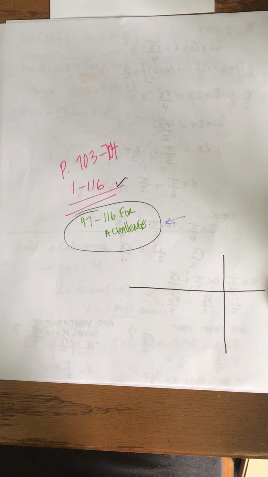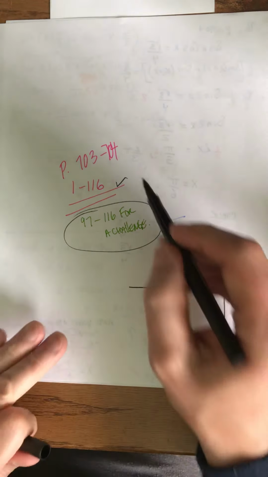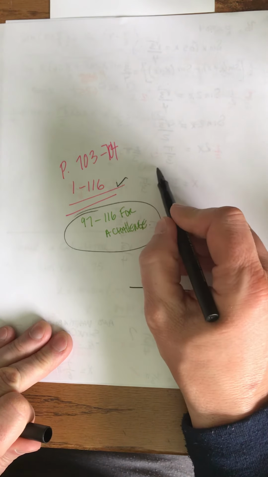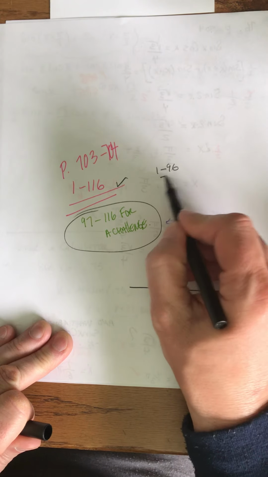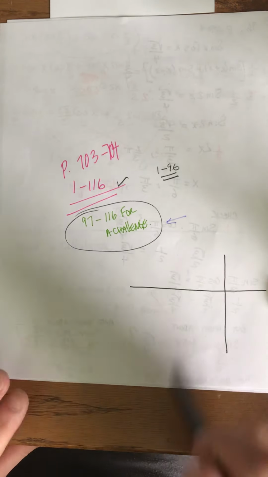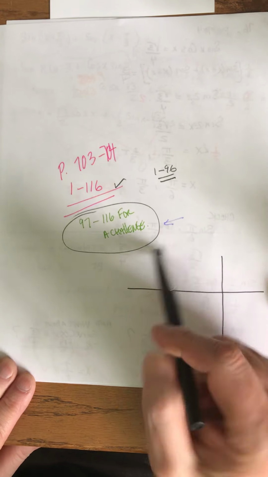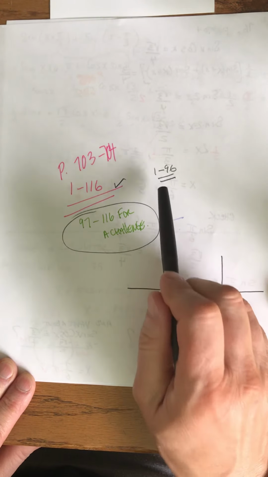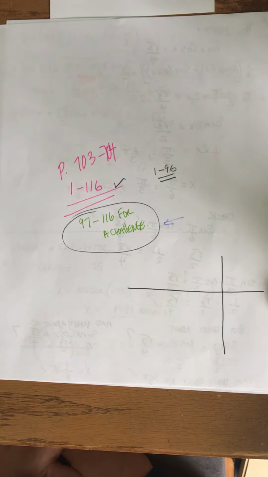But the other ones, up to 96, they do have a couple calculator ones in there, but from 1 to 96, we should be able to do every one of these problems. We need to become experts at solving trig equations. And that's what your next quiz is going to be on, next Monday, the 27th.